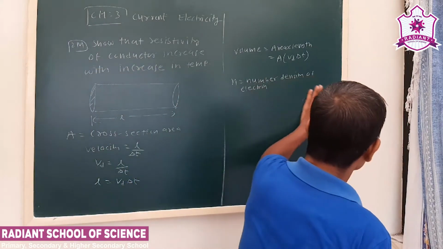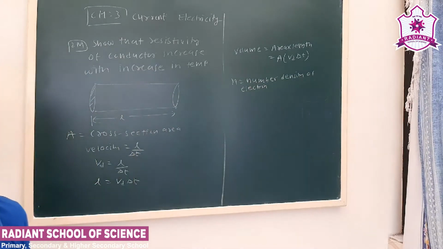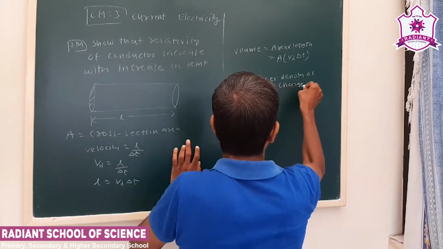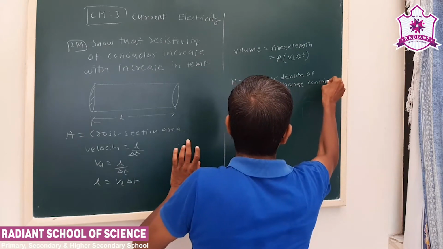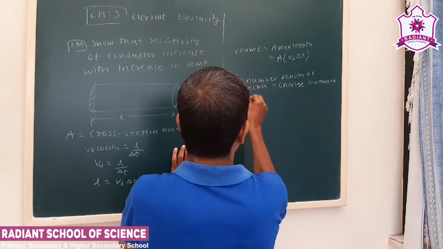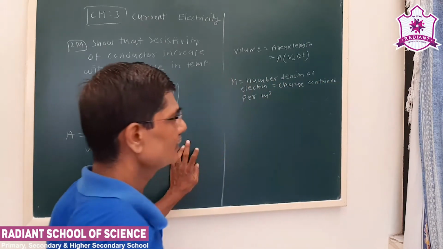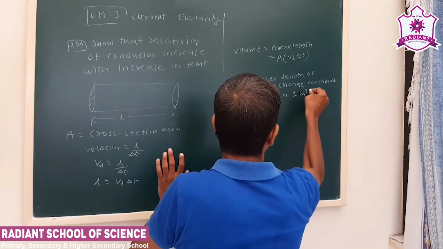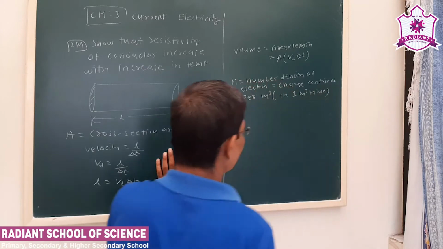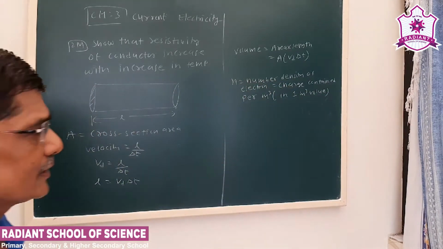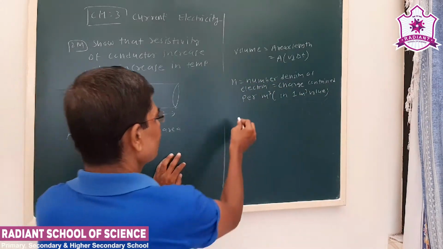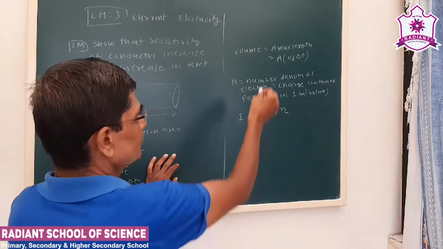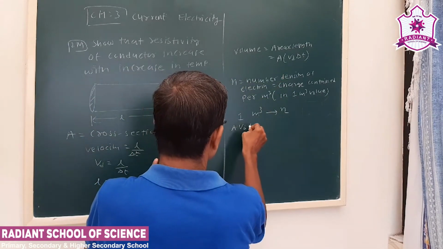So this volume is 1 meter cube. So N is nothing but the number density, that is, the charge carriers contained per meter cube, or in 1 meter cube volume. Okay. So this is how we can calculate the total charge: in 1 meter cube volume there are N charges. Now the volume is A Vd delta T.